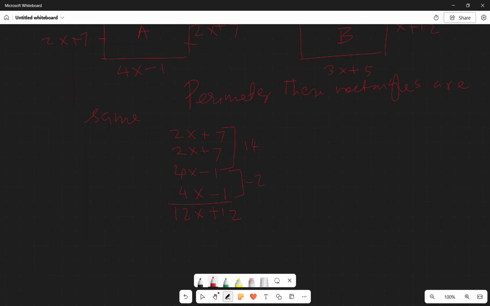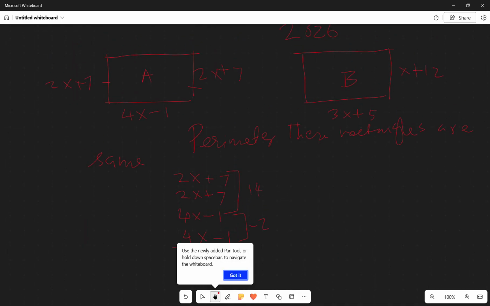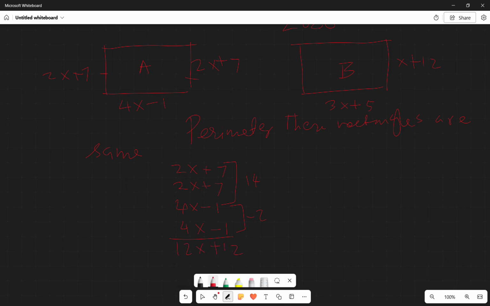Now exactly the same way you need to do for rectangle B. So for rectangle B, the values are 3x plus 5, 3x plus 5, because this side equals this side, and the same for x plus 12, x plus 12.